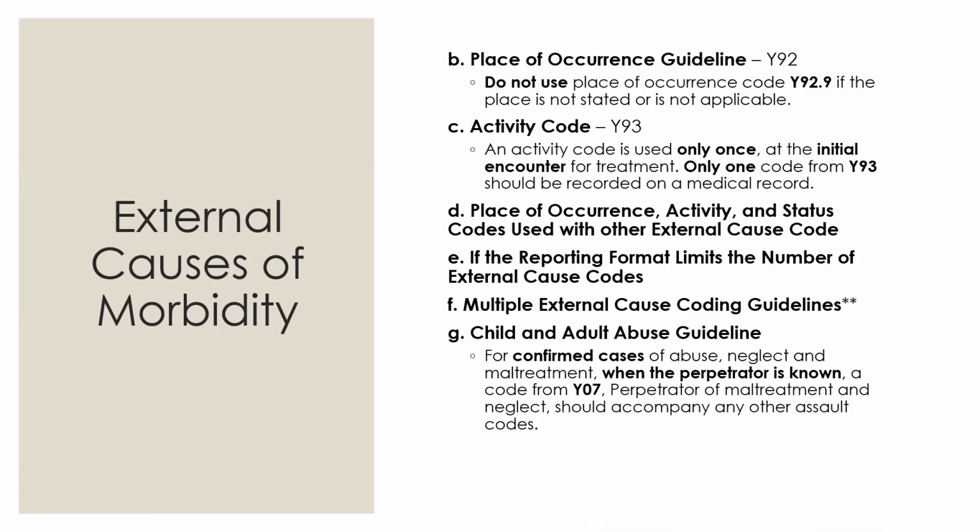Regardless of the number of external cause codes assigned, generally there should be only one place of occurrence, one activity code, and one external cause status code assigned to an encounter. However, in the rare instance that a new injury occurs during hospitalization, an additional place of occurrence code may be assigned.